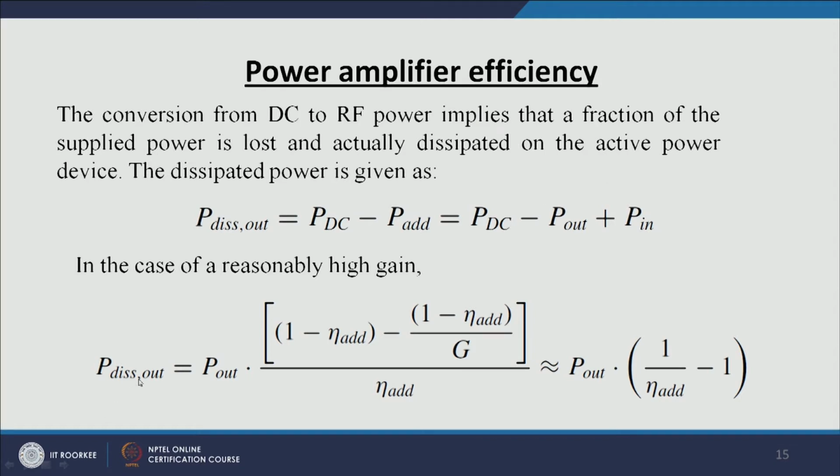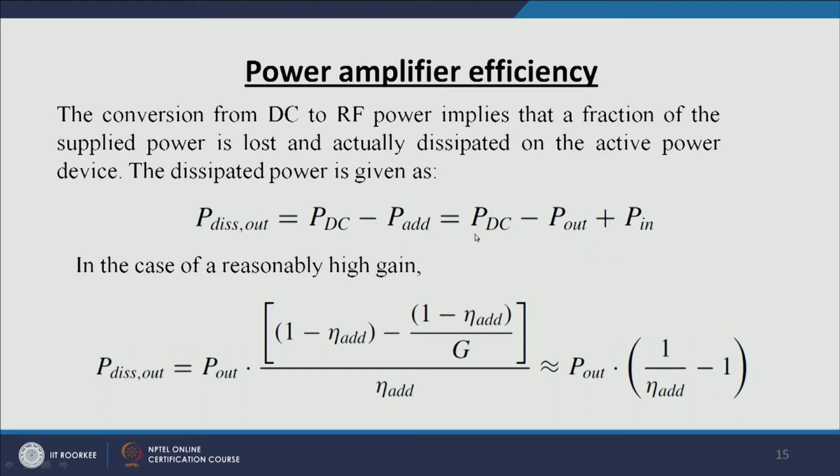Now, dissipated output we can also calculate in terms of power added efficiency by playing a little bit with these variations. What we want is to eliminate PDC from the formulation and just keep P out.